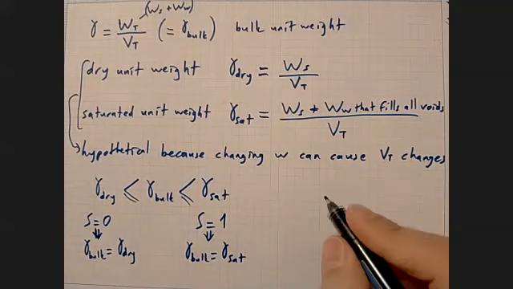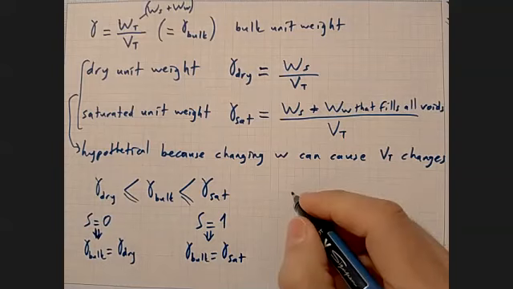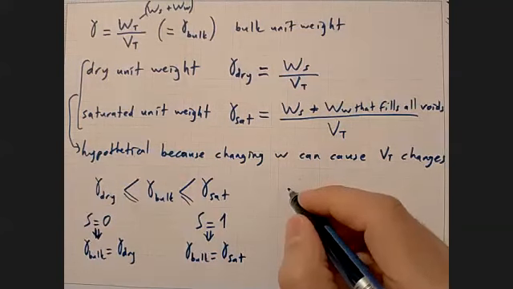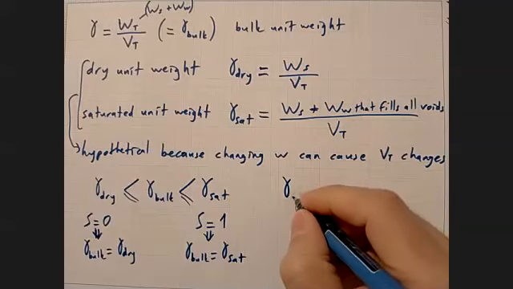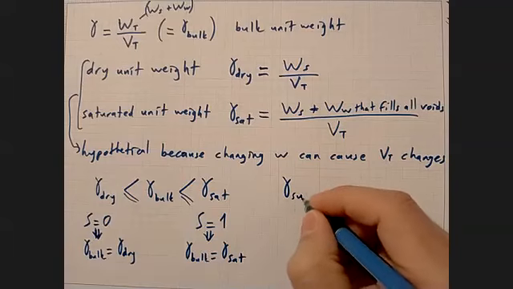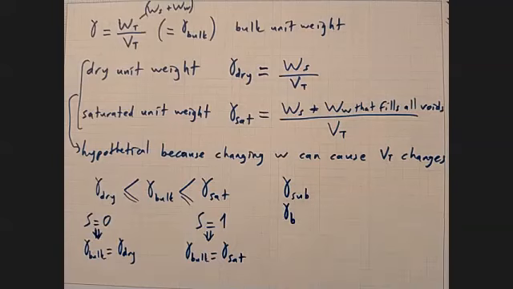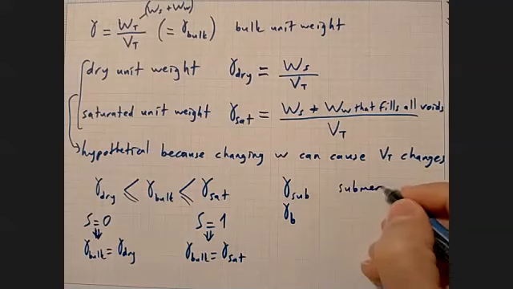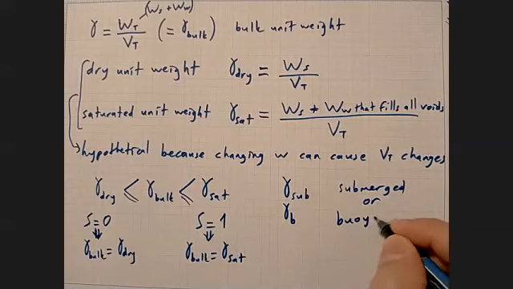So there is one more unit weight that I would like to define, and that is called the submerged unit weight or buoyant unit weight, sometimes shown with gamma B. What does that mean?